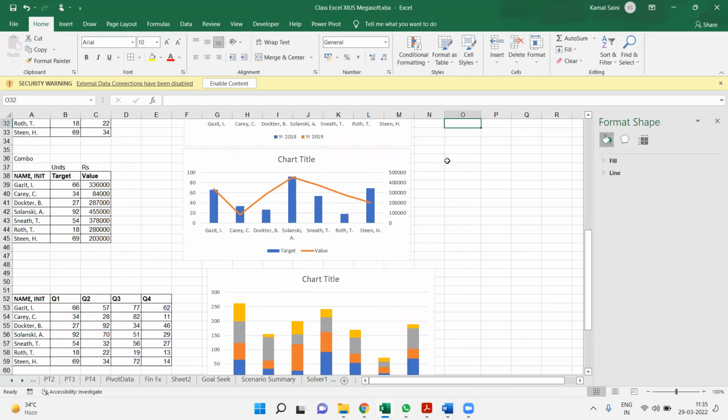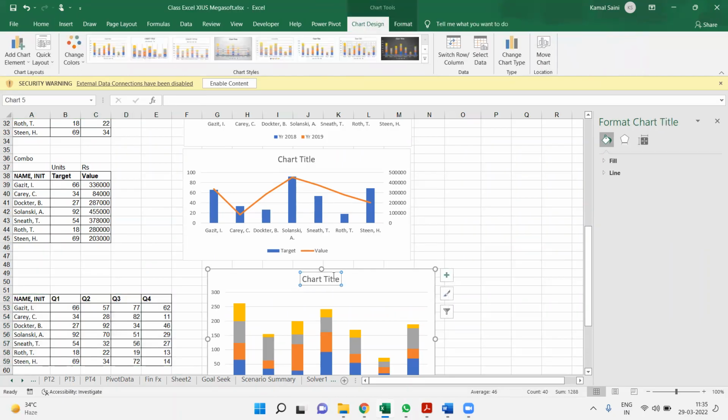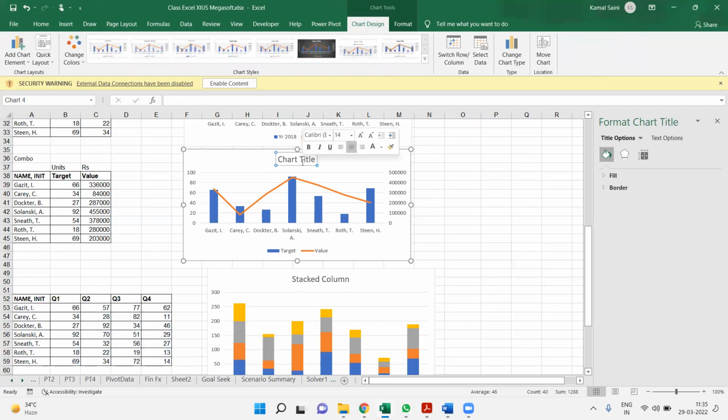Try these 2 options: the one which we did here, that is a combo chart, and this stacked. The data is there.